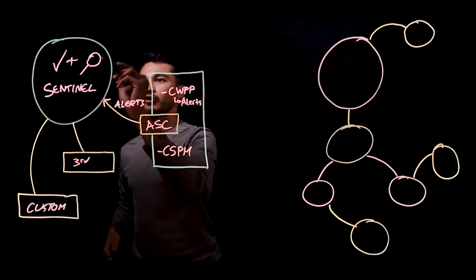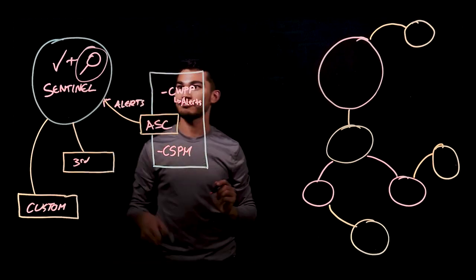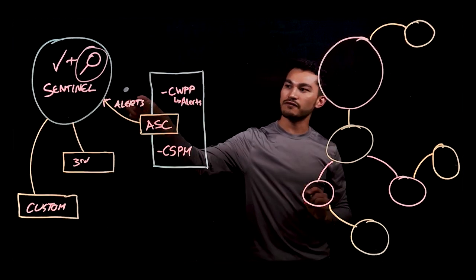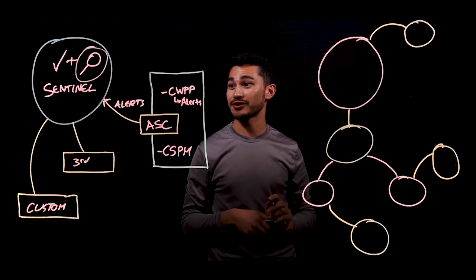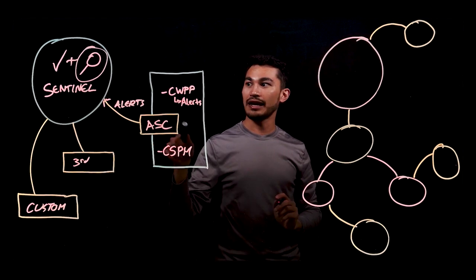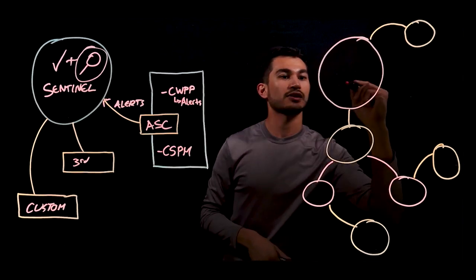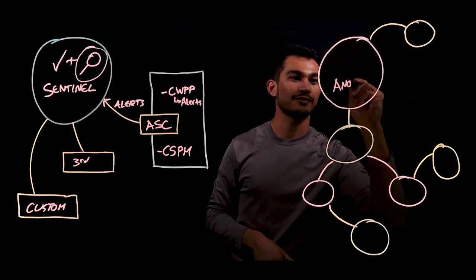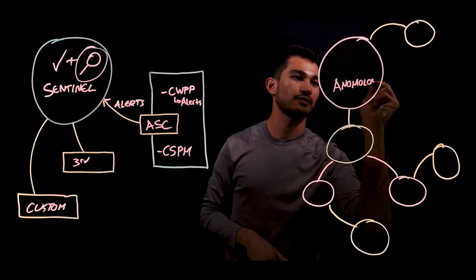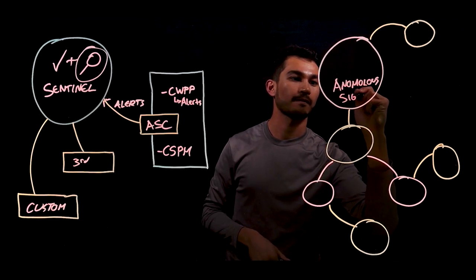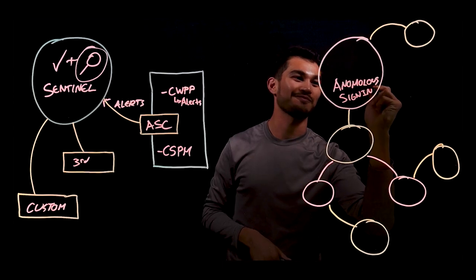So let's look at an investigation that could occur. And that comes from an incident recognized within Sentinel. So let's say an incident surfaces in Sentinel that is focused on an anomalous sign-in or login.